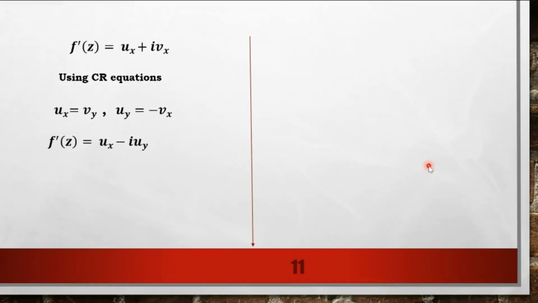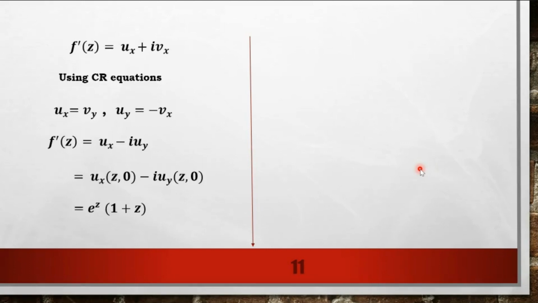Substitute for ux. ux क्या आया था हमारा? What was ux we got in this problem? e raised to z into z plus 1, है ना? Substituting for ux as e raised to z into 1 plus z or z plus 1, uy is 0.